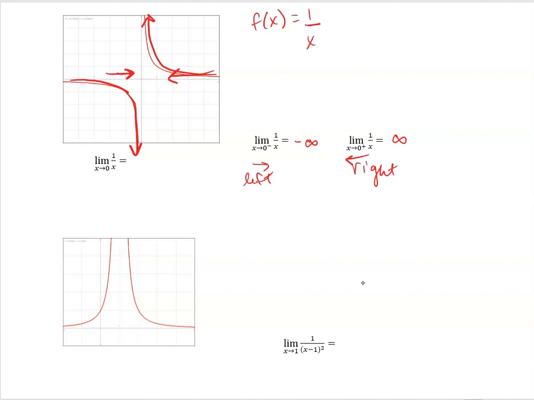That still holds true. Because the left side is negative infinity and the right side is positive infinity, the overall limit as x approaches 0 is still DNE, because they're doing opposite things from both sides. They have to be approaching the same number from each side.